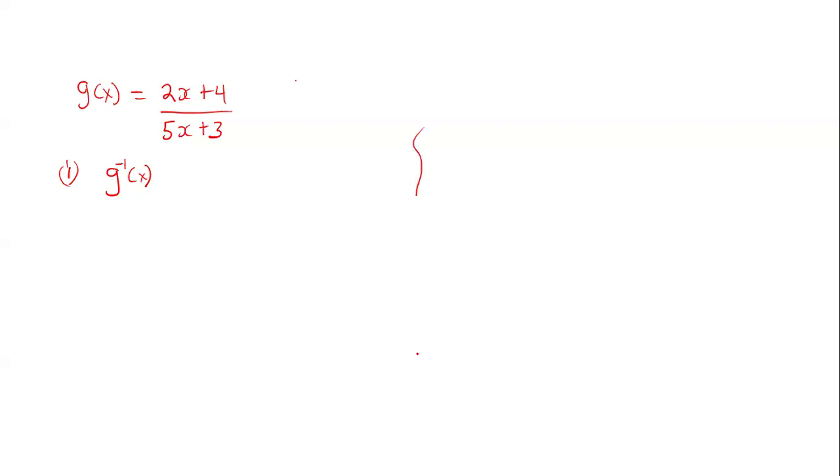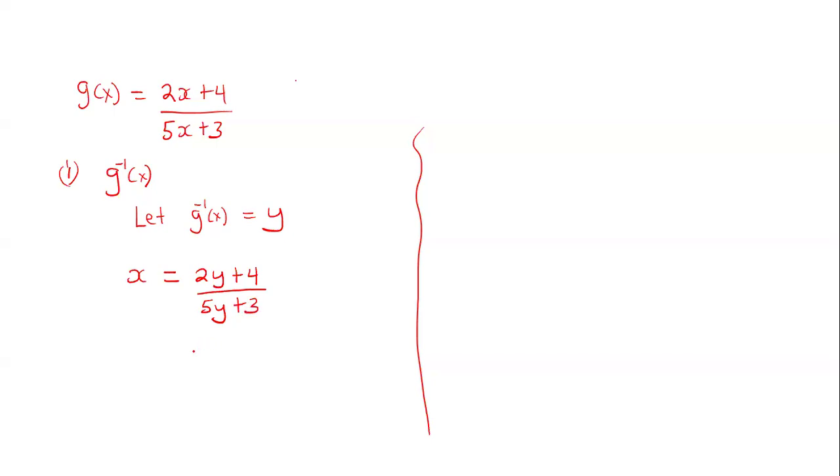Okay, I first let the inverse of x be y. Then I said x is equal to 2y plus 4 out of 5y plus 3. Okay, good. Continue. Then I want to remain with only y.